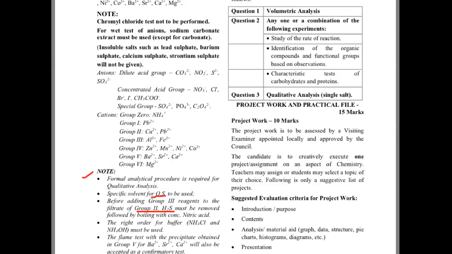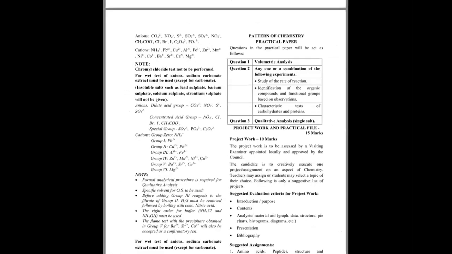Usually, question number 3 in the question paper is the salt analysis. And it is often mentioned there that you have to prepare the sodium carbonate extract. Preparation of sodium carbonate extract is important because for testing of the anions, the sodium carbonate filtrate is taken.